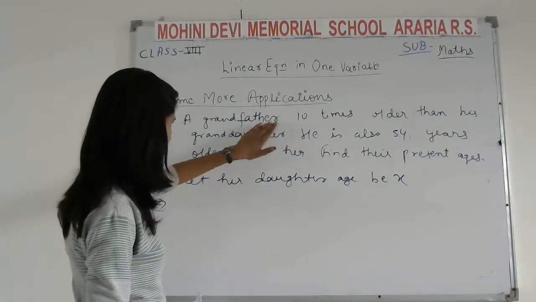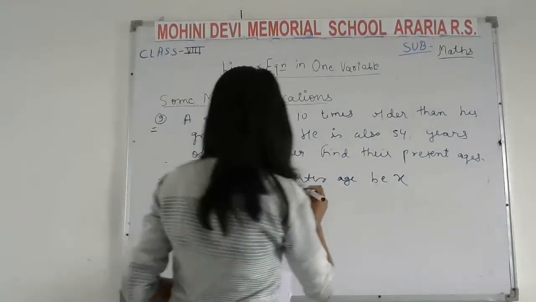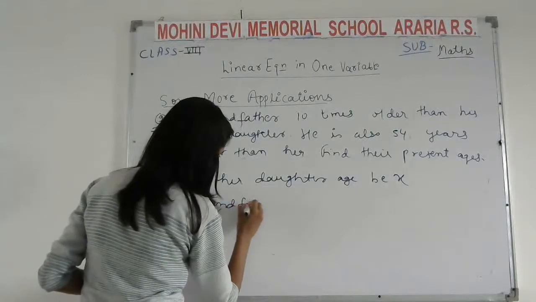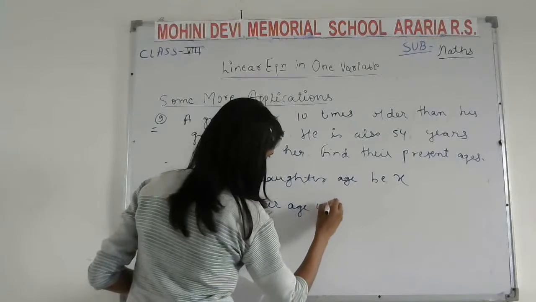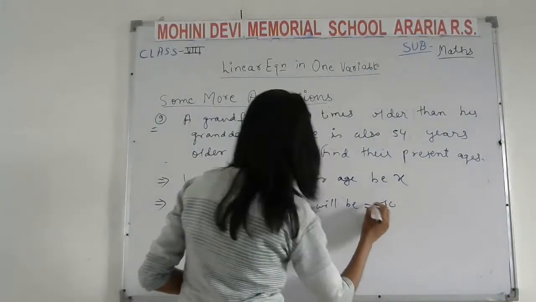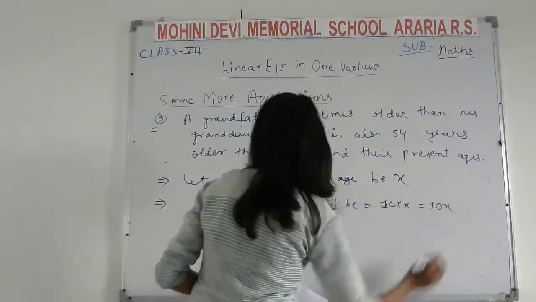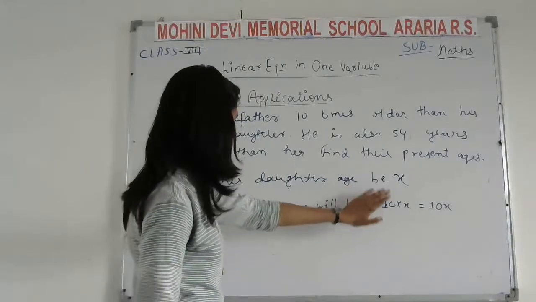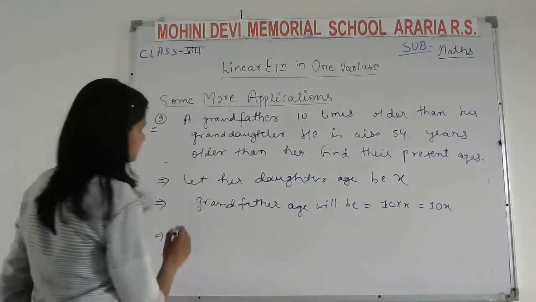And the question says the grandfather is 10 times older than his granddaughter. So the grandfather's age will be 10 times her age, and her age is x. Means their present ages will be x, and for the grandfather, 10x.